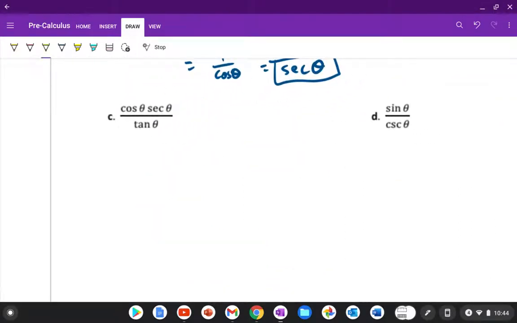Let's go ahead and try 2 more. Take our strategy of turning everything into sines and cosines. So we'll keep our cosine. We'll change secant with 1 over cosine. And then we'll trade tangent with sine theta over cosine theta.